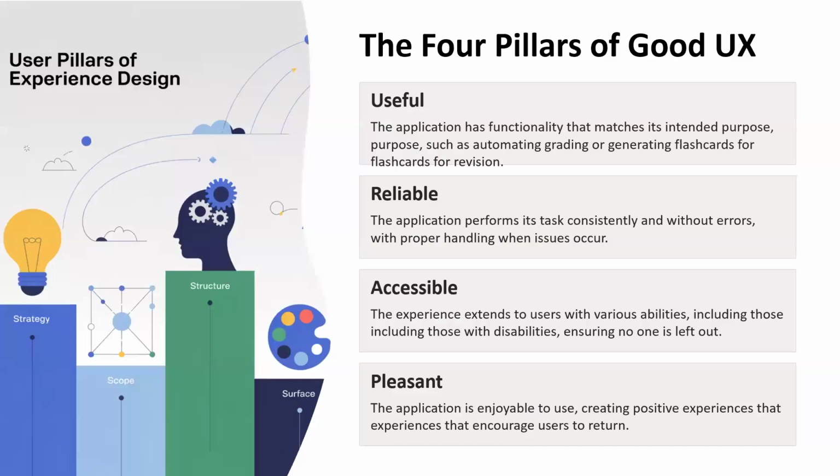So there are four pillars for a good UI user experience. First, we have to ensure that the front end design is useful. The application has functionality that matches the intended purpose, such as automating grading and generating flashcards for revision, right?